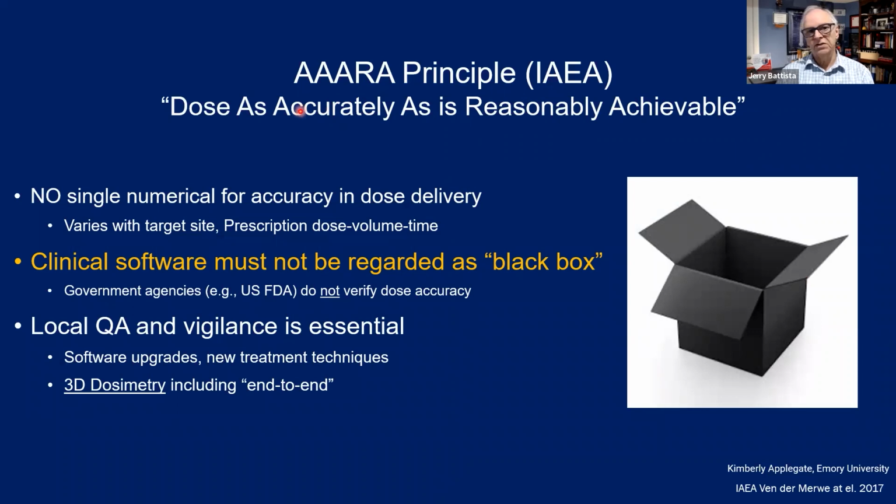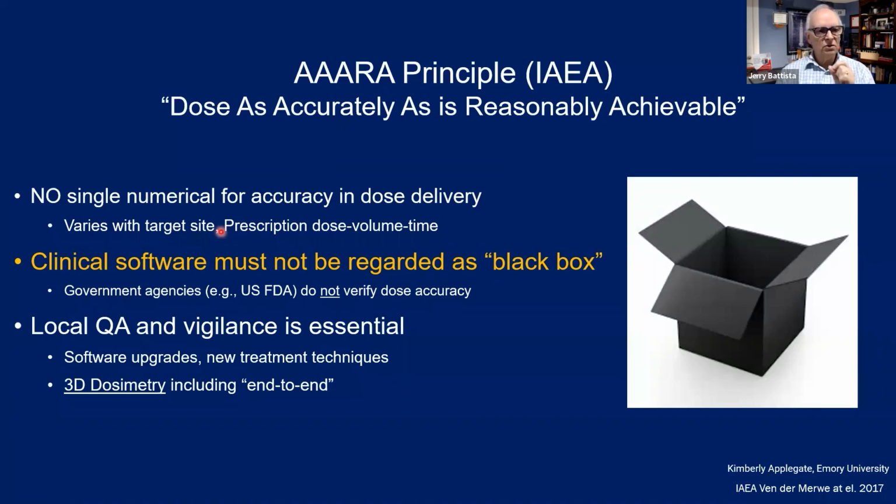So the IAEA has come up with a principle that doses should be calculated as accurately as is reasonably achievable. And by dose, they mean the delivered dose, which includes the dose calculation as a step. They found by looking at a large number of target sites and prescriptions that vary the dose, the volume, or the time of delivery, that there's no single number that we can put.